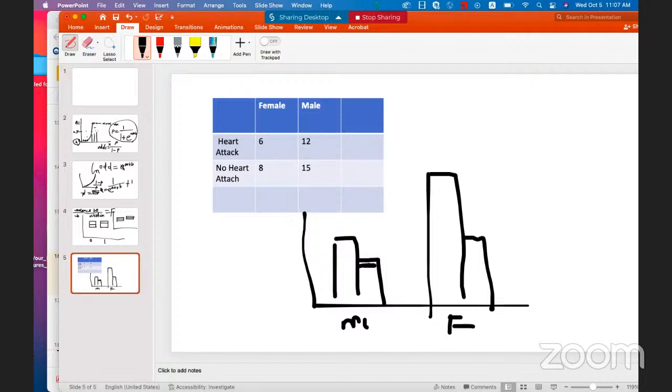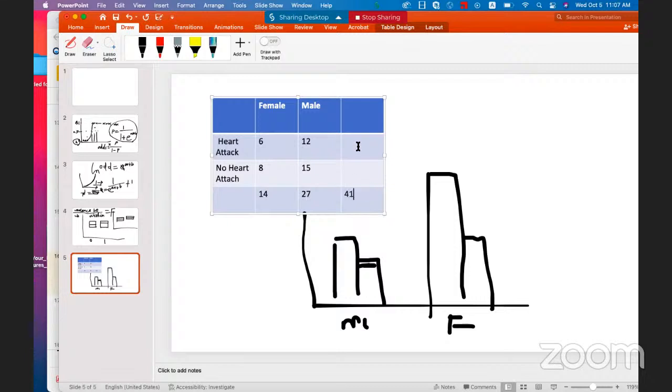So it calculates here the number of females who had a heart attack and no heart attack, and the males who had a heart attack and no heart attack. So we get the total population. This is 14, and this is 27. And then the total population is 41.